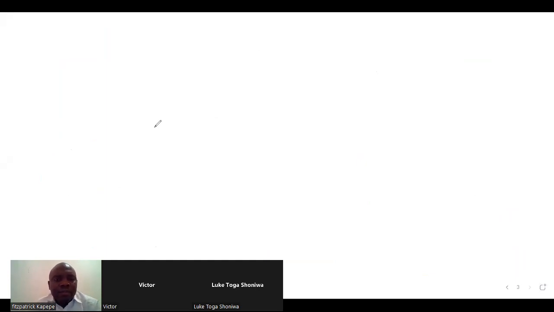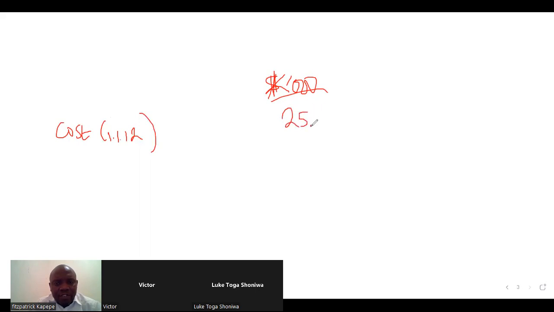So here is just change of estimate. So we'll start. The asset is $2... What was the cost? 25 million, 25,000. The accumulated depreciation for the 3 years.